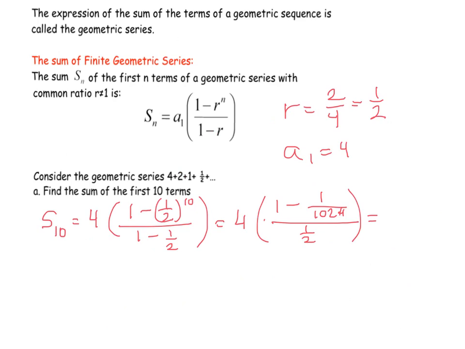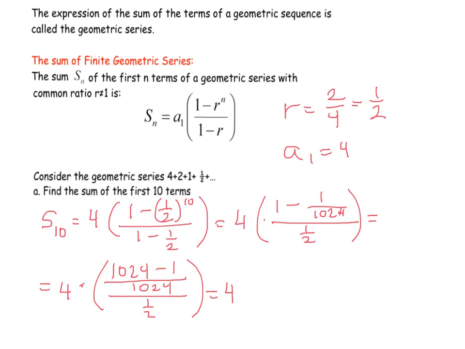I'm going to simplify further and find a common denominator. So it's 1024 minus 1 over 1024 divided by 1/2. Now I'm going to take the fraction inside the parentheses and multiply by the reciprocal.